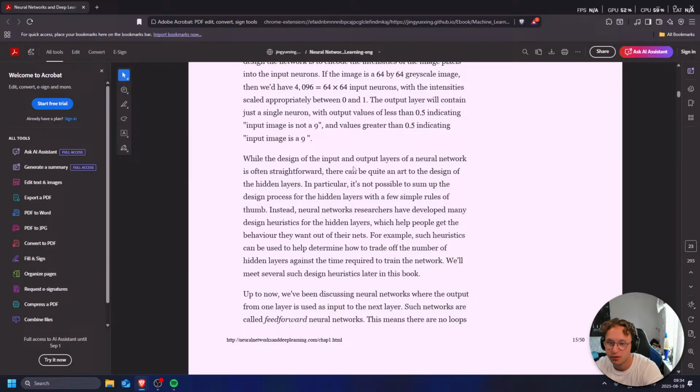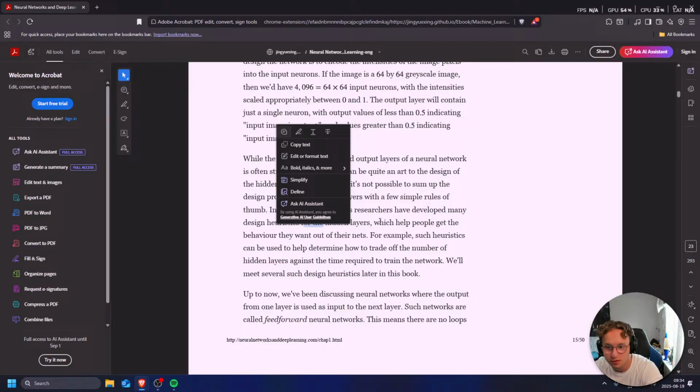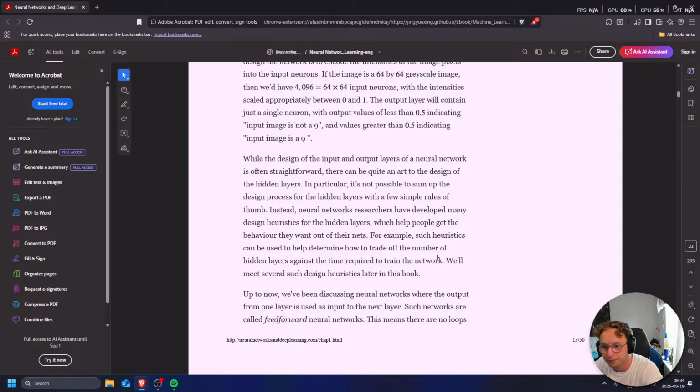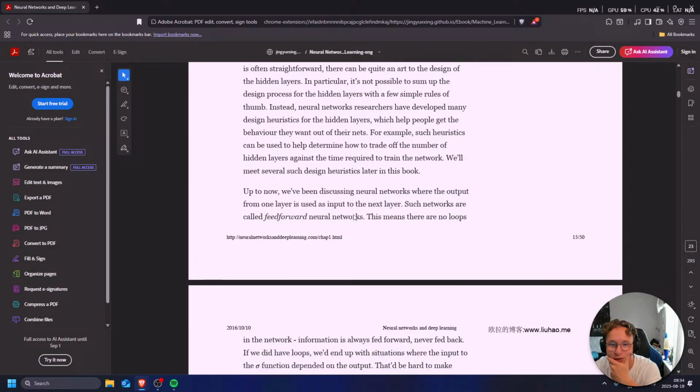Instead, neural network researchers have developed many design heuristics for hidden layers, which help people get the behavior they want out of their nets. For example, such heuristics can be used to help determine how to trade off the number of hidden layers against the time required to train the network. We will meet several such design heuristics later in this book.